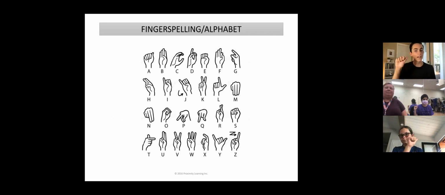Okay, A, B, C, D. Good. The index finger goes up and then the rest make a little O. So that pointer finger goes up. That one's always tricky. There you go.